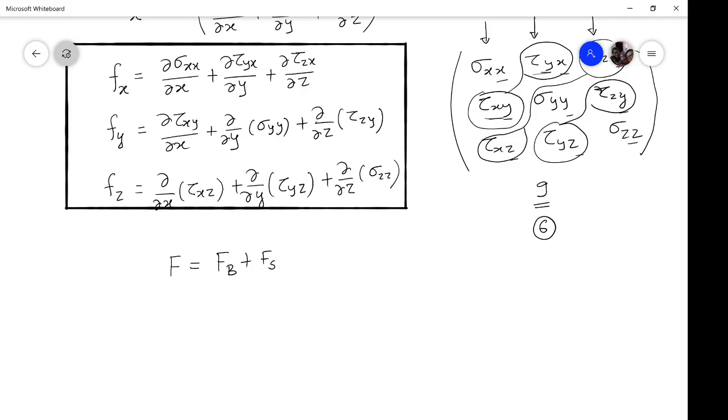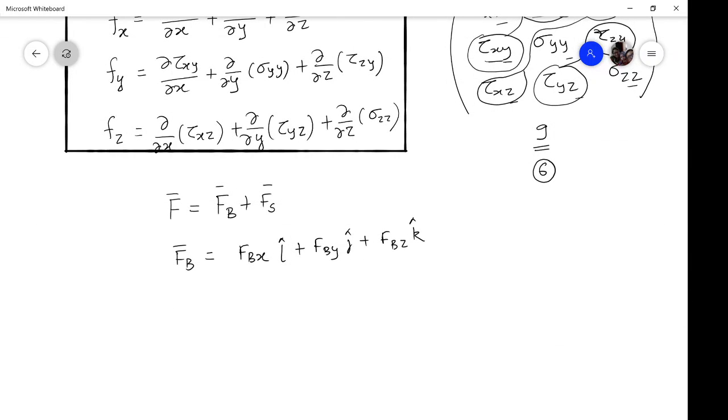So let us write the body force vector. In the x direction it is fbx, in the y direction it is fby, and in the z direction it is fbz. So this is the body force vector per unit mass. This is force per unit mass.